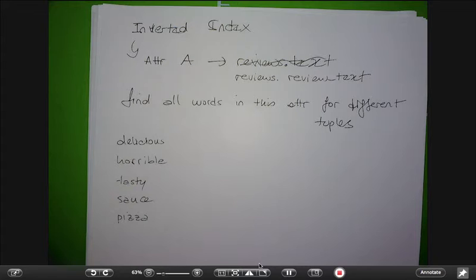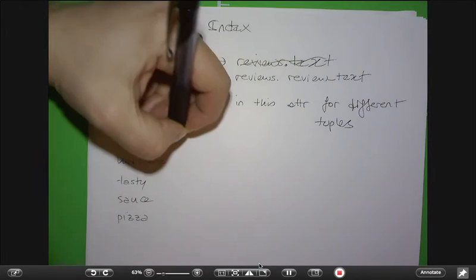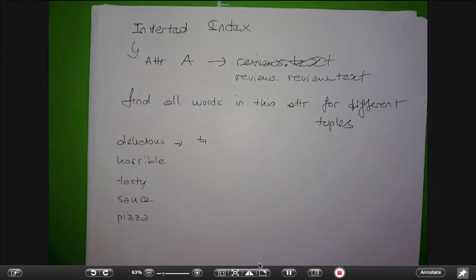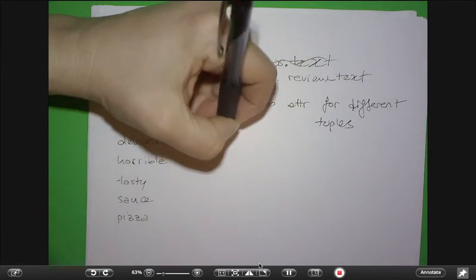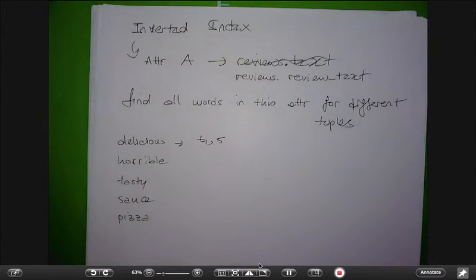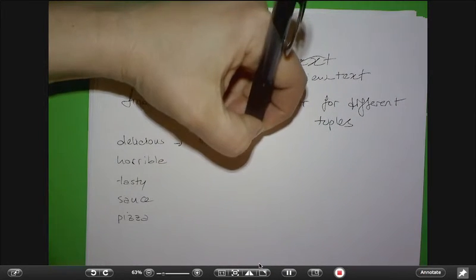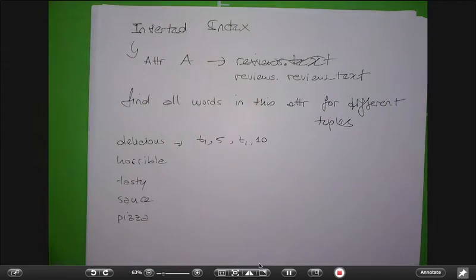And then you're going to basically create what's called a posting list. So every single location that these words occur in that attribute. So for example, it's going to say that in tuple 1, location 5, okay, meaning the fifth word is delicious, and also tuple 1 has in location, let's say 100, the same word.